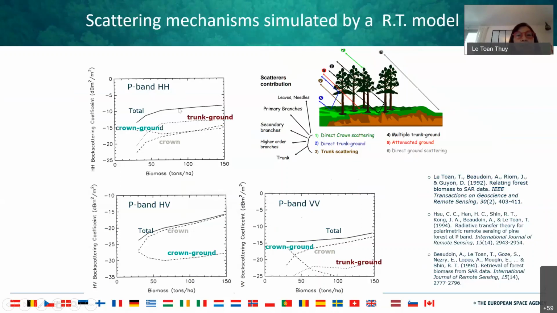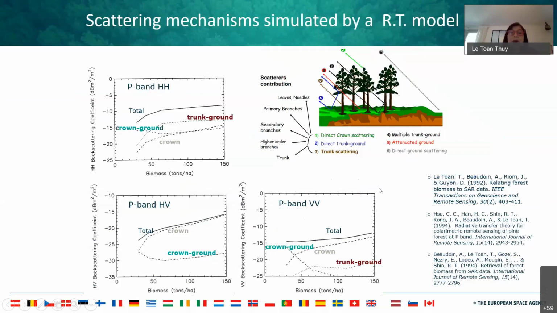This is the total that you receive from the radar. Here the trunk-crown, here the crown is canopy, the volume. And it's HH, HV, the crown, and here the interaction. VV, the crown, here trunk-crown, and the crown.